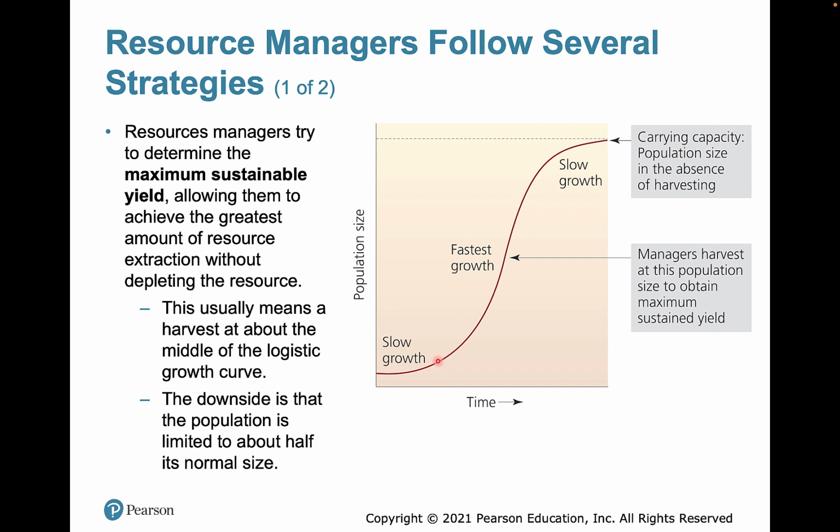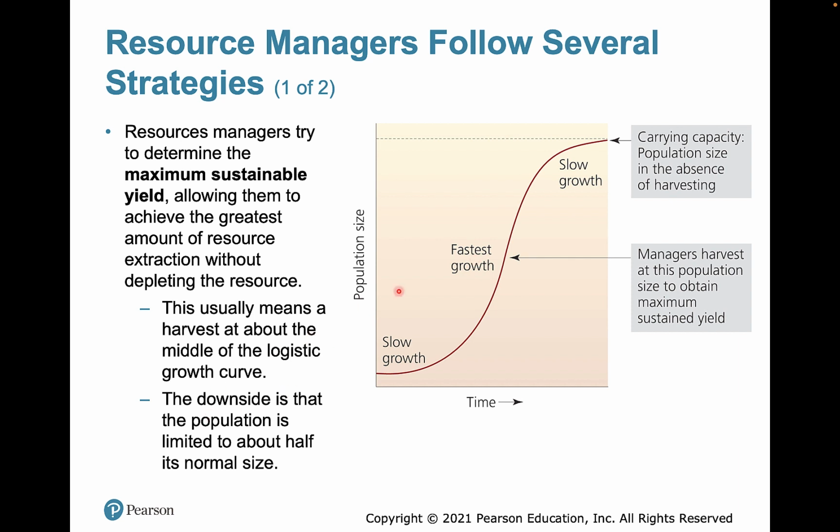So you harvest at about the middle of the curve where the growth is the fastest. If you harvest too early, the growth is too slow and it takes too long to get that resource back. If you harvest too late, then the growth slows down again. So you want to start that harvest at the fastest growth point.